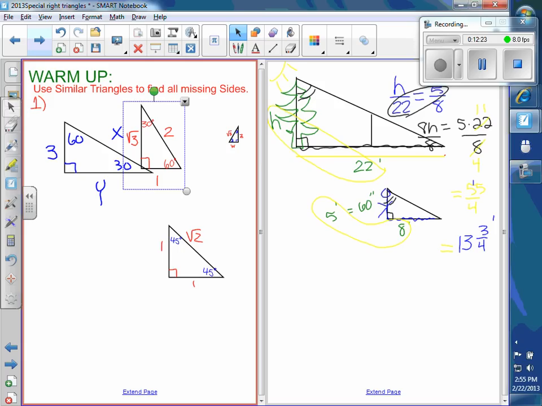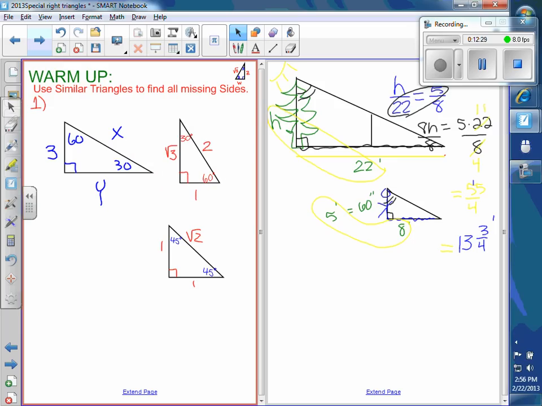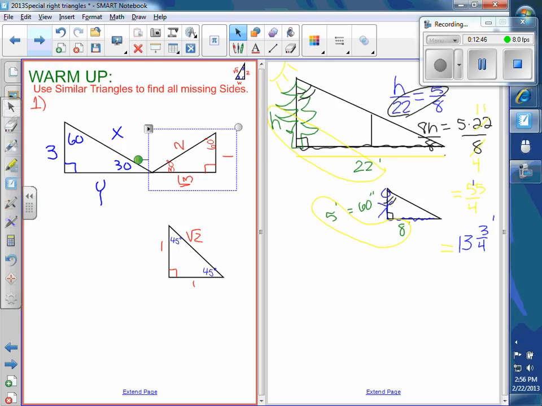Okay, so what would you do? They're similar triangles, so the 3-to-1 ratio is the same as y to 2 times x to the square root of 3.